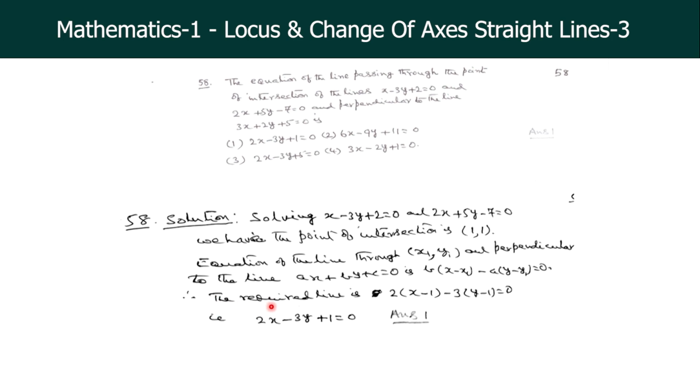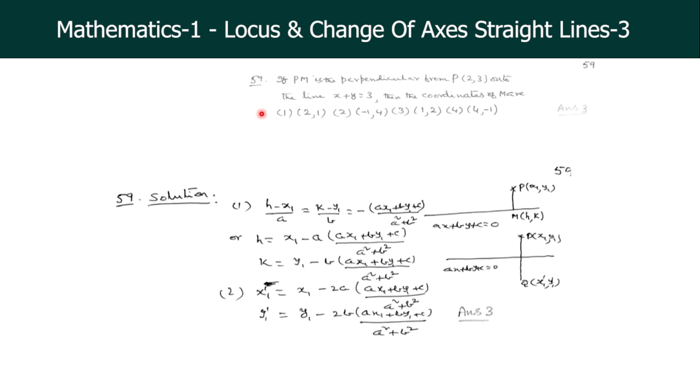So the required equation is 2 into (x minus 1) minus 3 into (y minus 1) equal to 0. That is 2x minus 3y plus 1 equal to 0. Answer number 1, option number 1. Next, 59.